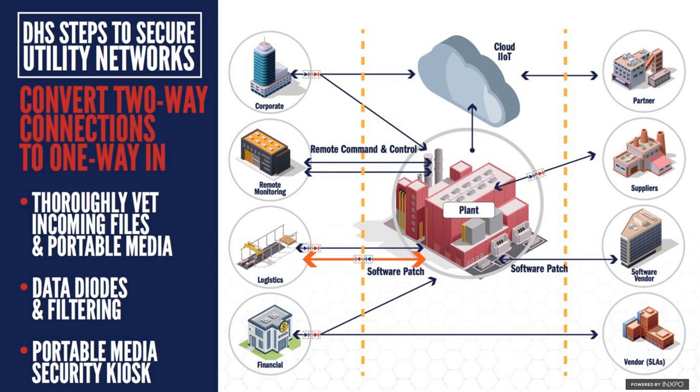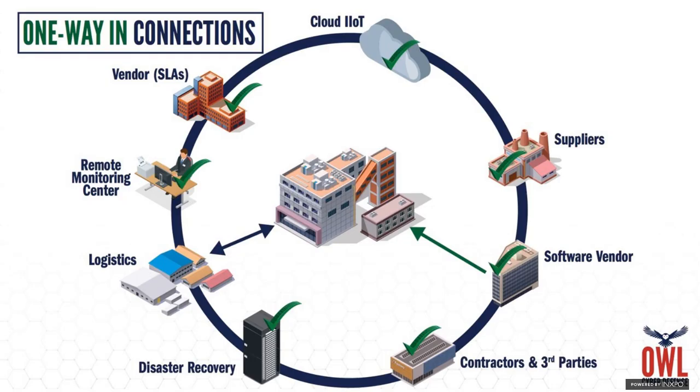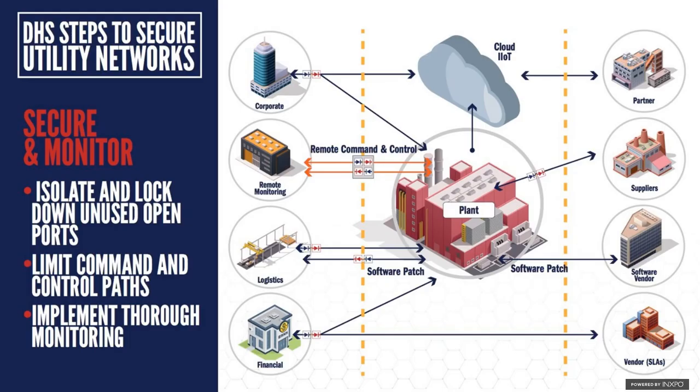Again, you're preventing that connection from becoming a threat vector and allowing someone to leverage it and attack the network. So if we look back to our network of entities and third parties that are connecting, we've now gotten rid of the two-way ins, and that's now a one-way in, and that leaves us with one of the blue lines that's still a two-way. In this case, that's one we can't get rid of.